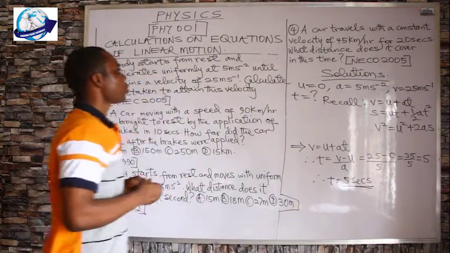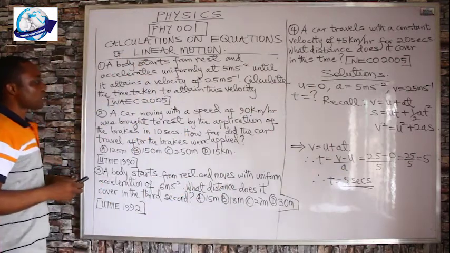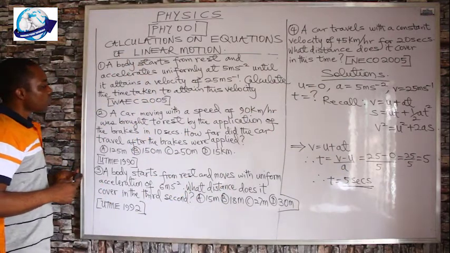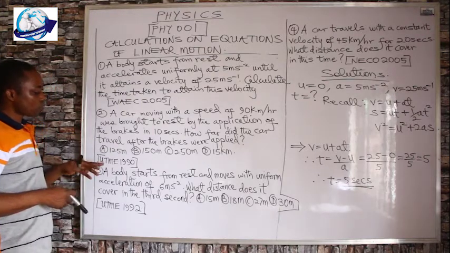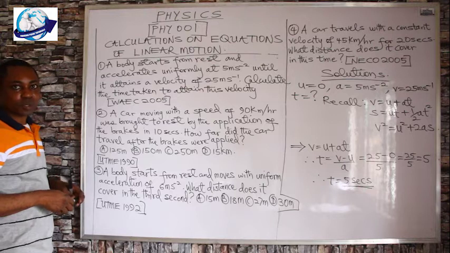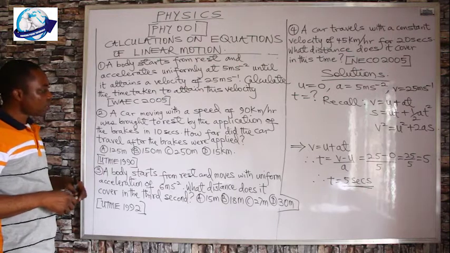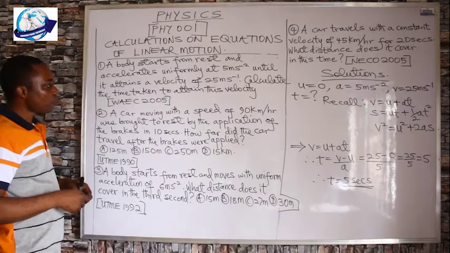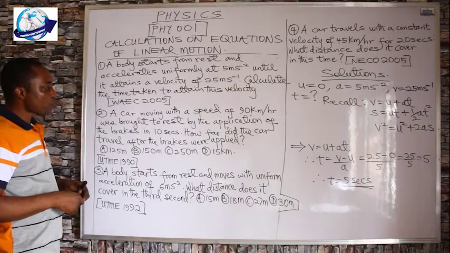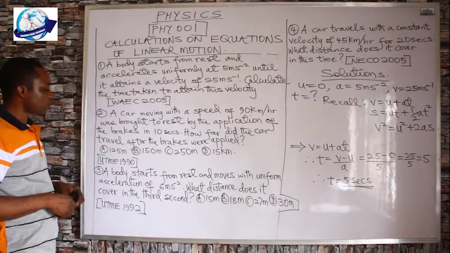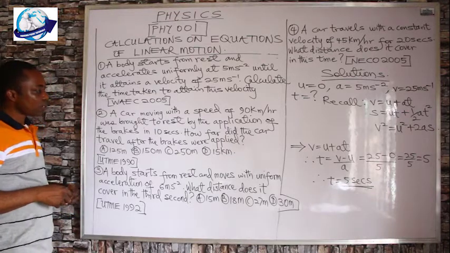And that is a NECO 2005 question. Now let's consider the second one, a car. This one is from UTME JAMB question 1, that's 1990. A car moving with a speed of 90 kilometers per hour was brought to rest by the application of brakes in 10 seconds.